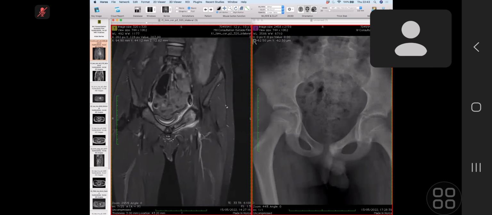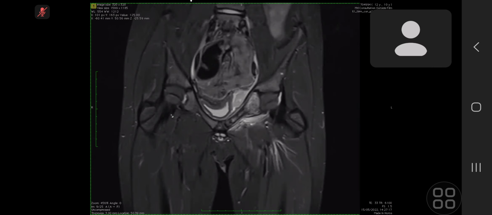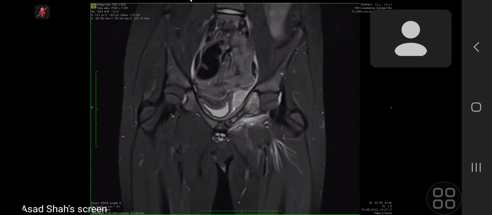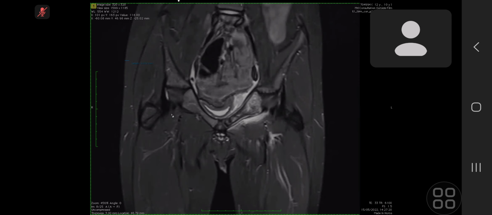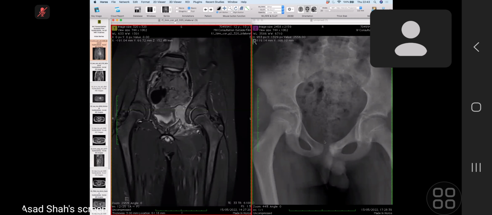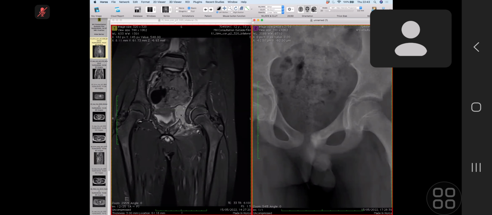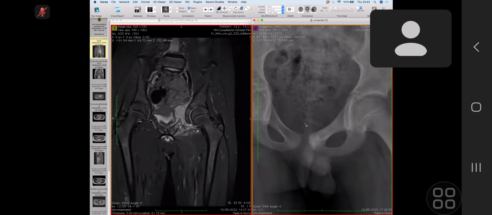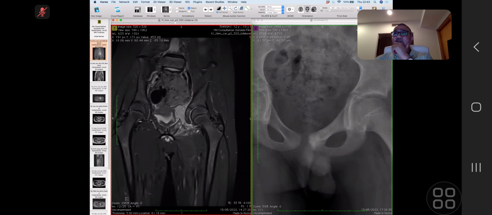So looking at this coronal sequence, I can see that there is high hyperintensity of the superior pubic rami with involvement of the pubic tubercle, causing some expansion with some soft tissue component associated with it, which in retrospect can possibly be appreciated on the pelvic radiograph, which looks relatively loosened. It's difficult to be sure about that, but yeah, now in retrospect it's easy.